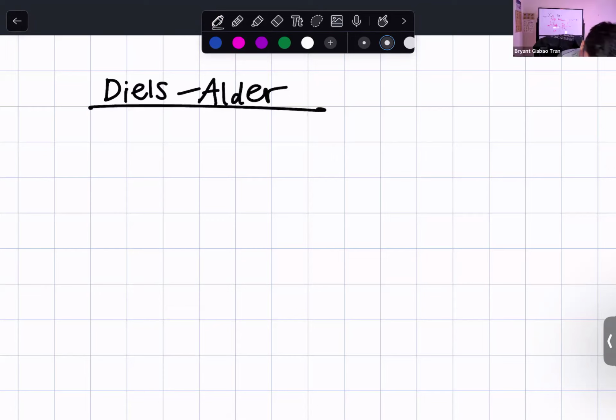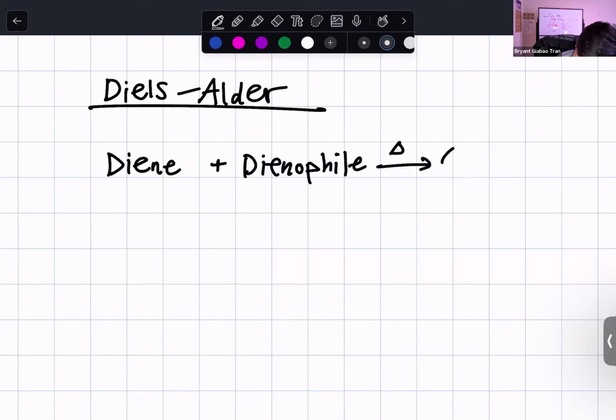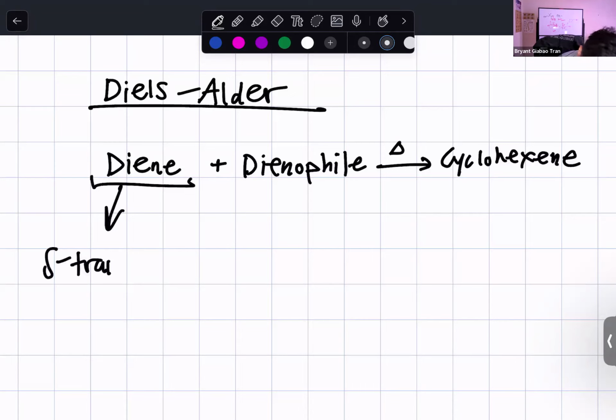So Diels-Alder, we said that it's going to react with a diene and a dienophile. And if we put heat through that, then we're going to get some kind of cyclohexene, right? But the diene right here, we could have the S-trans configuration, or we could have the S-cis configuration.